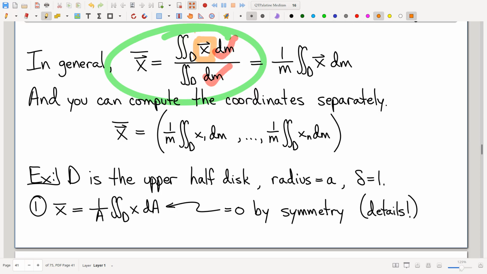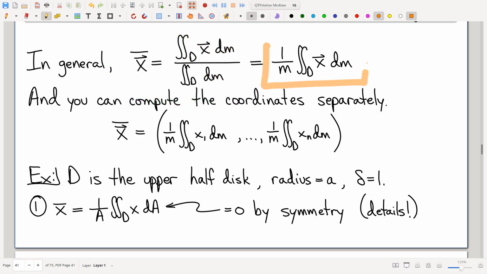And of course, position is defined by a location vector, which I'm calling X vector, because I don't want to deal with the different letters X, Y, Z. I want to be able to write down as many coordinates as I want. So this X vector is X1, X2, X3, etc. And again, you can streamline the formula like so.